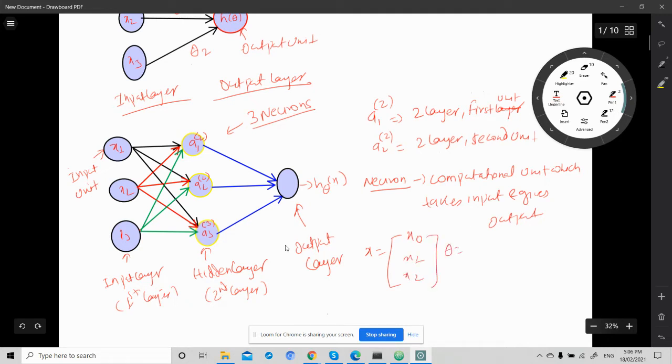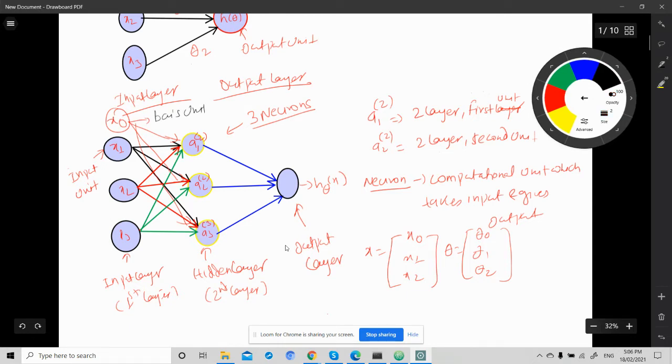Our theta is theta naught, theta 1, theta 2. We need to include one bias term, theta naught, that maps all my activation function. This is called the bias unit.